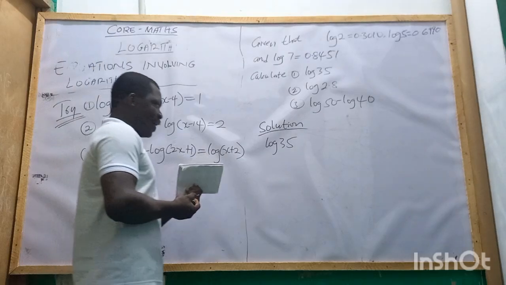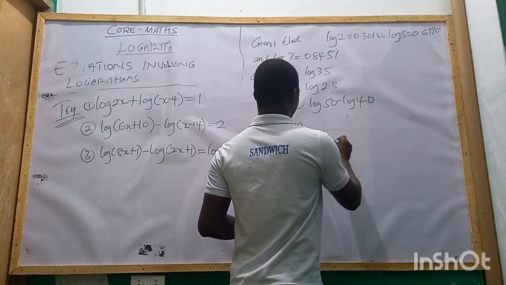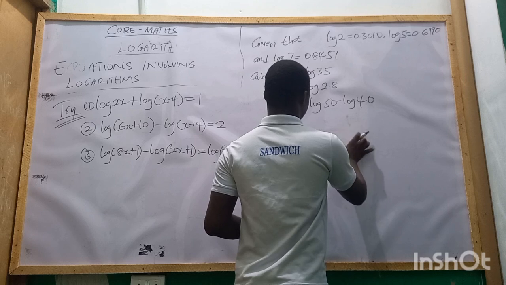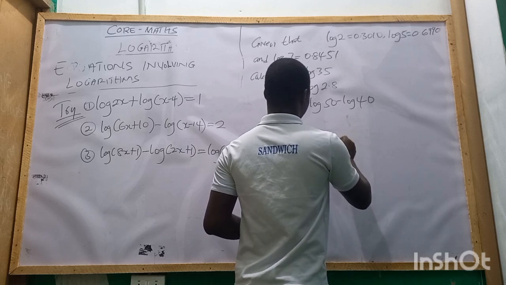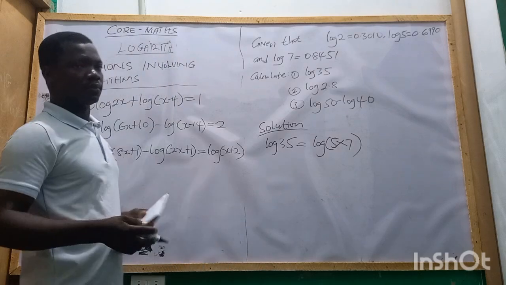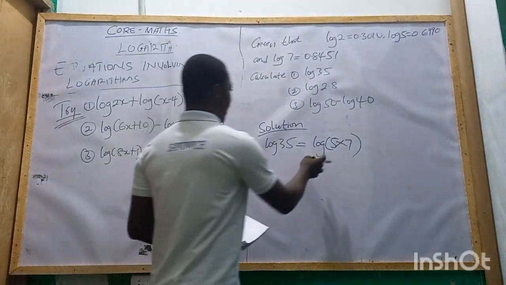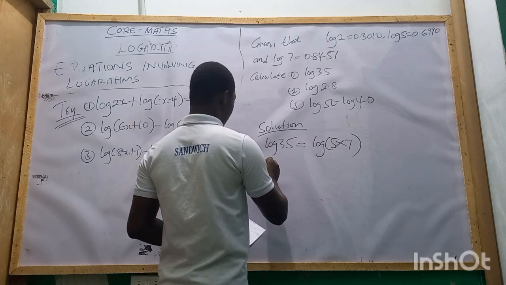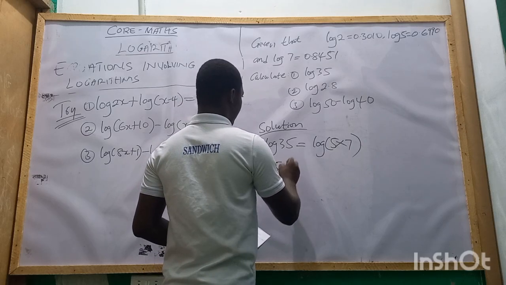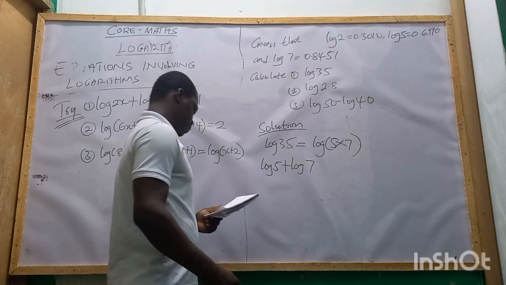So instead of log 35, this is the same as log of 5 times 7. And we know that when they are multiplying, we get log of 5 plus log of 7.